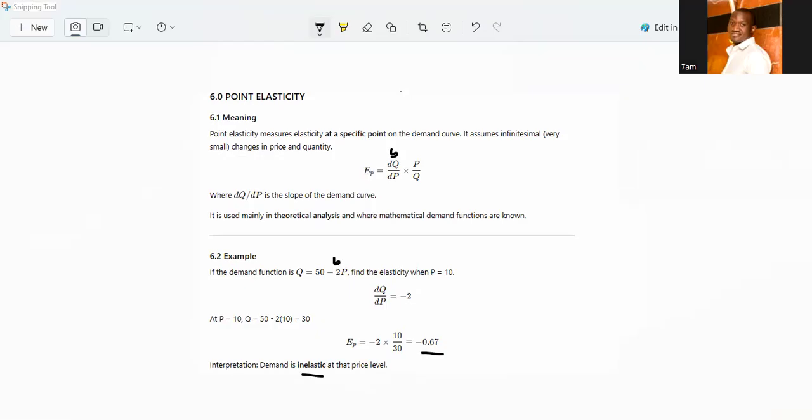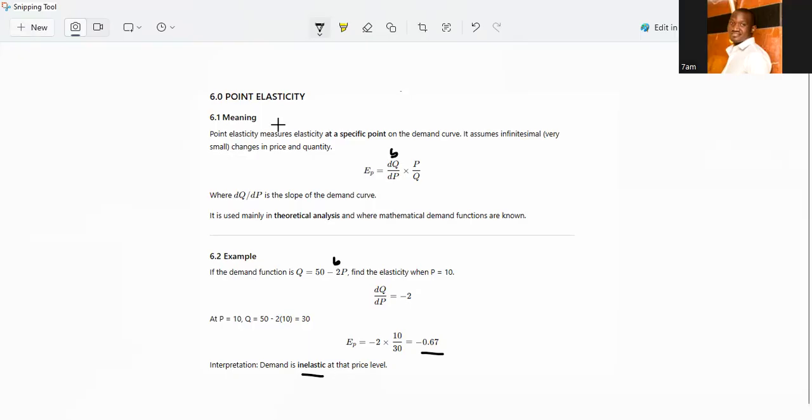So what is the relationship between arc price elasticity and point elasticity of demand? Are they different? What is the similarity and what is the difference? When you're dealing with arc price elasticity, we must understand that it measures elasticity between 2 points, whereas point elasticity measures at a specific point.